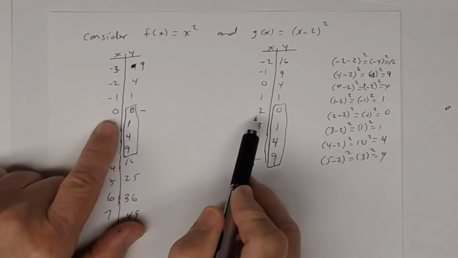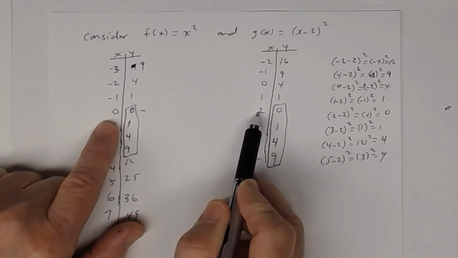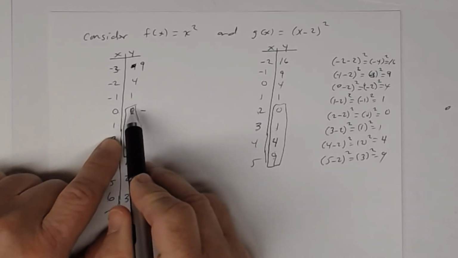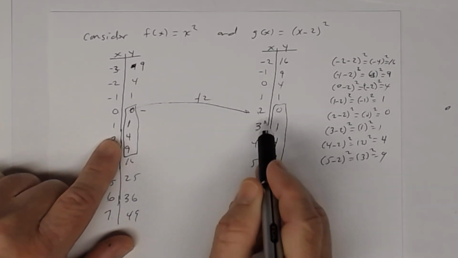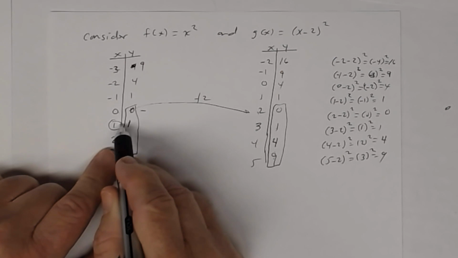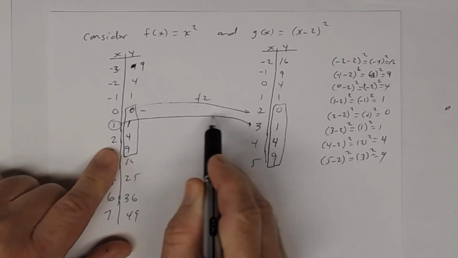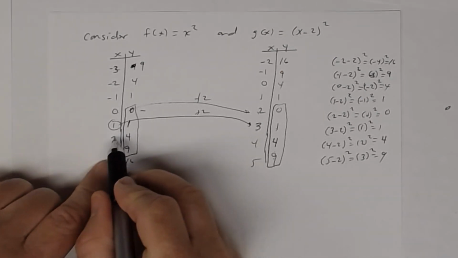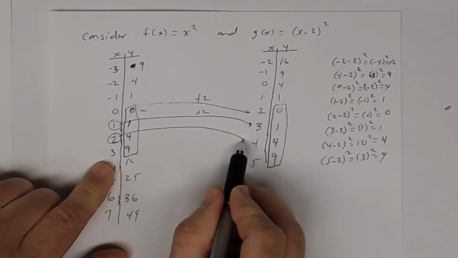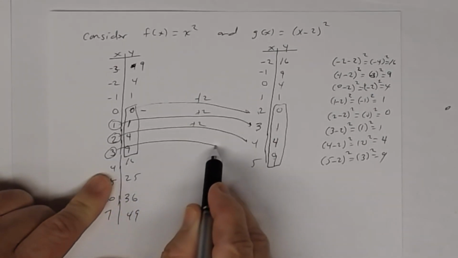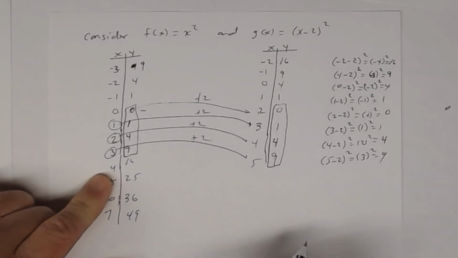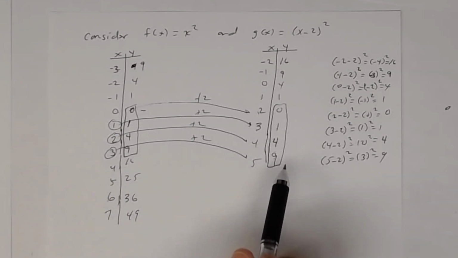0 plus 2 is 2. 1 plus 2 is 3. 2 plus 2 is 4. 3 plus 2 is 5. So what's happening is this.